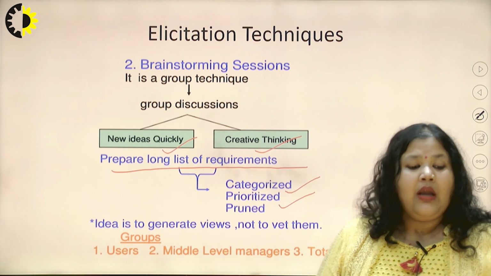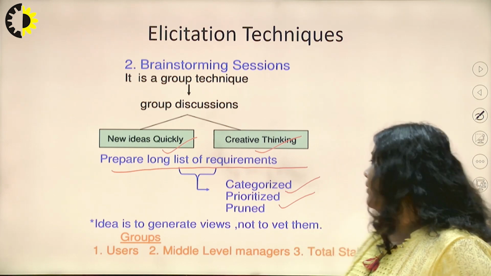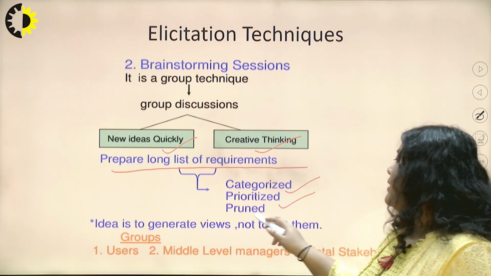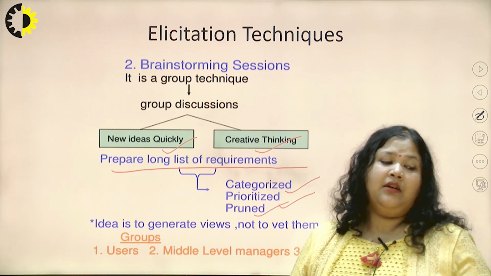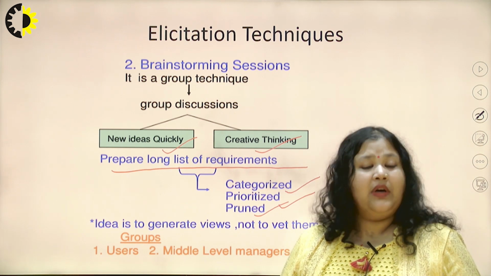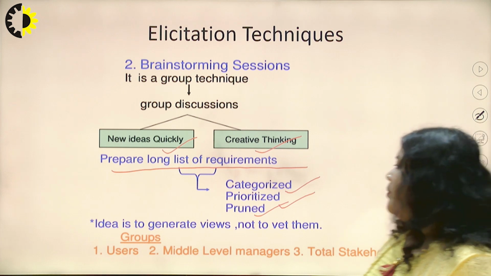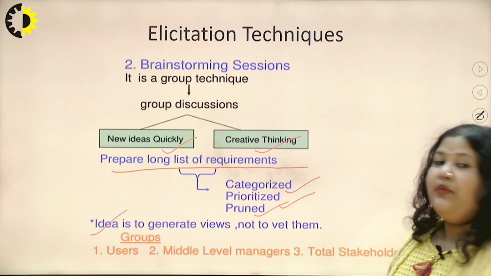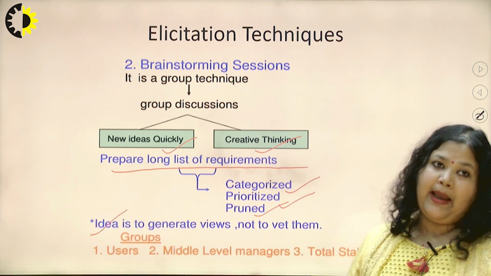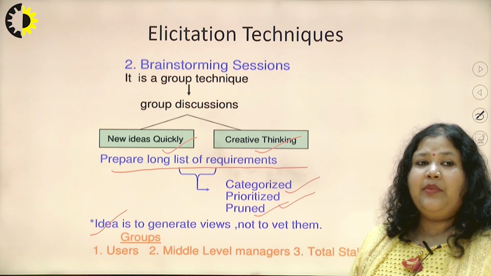We have to define all the requirements priority-wise. Third is to prune requirements, that is, which requirement the customer wants first. So basically, the idea is to generate views, not to vet them. So these are the brainstorming sessions.